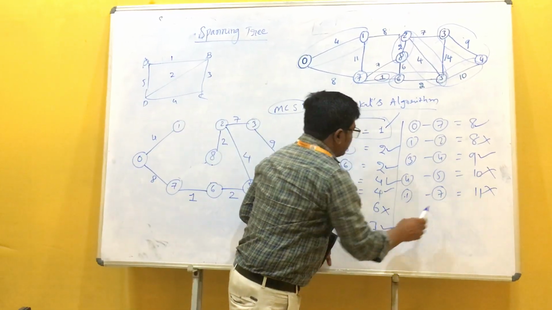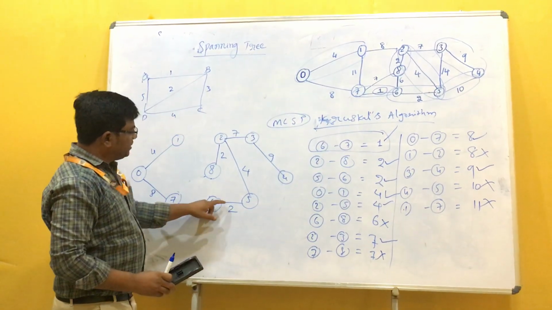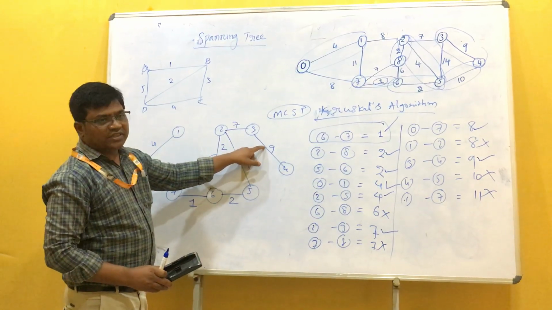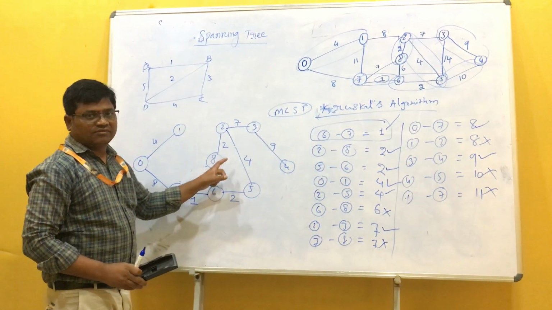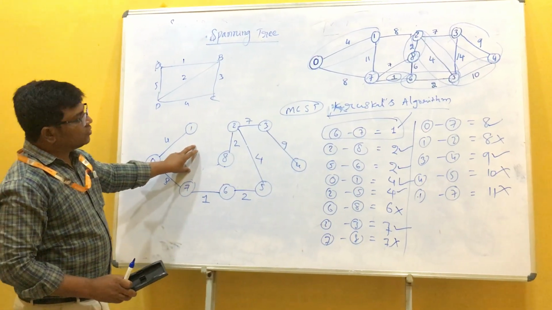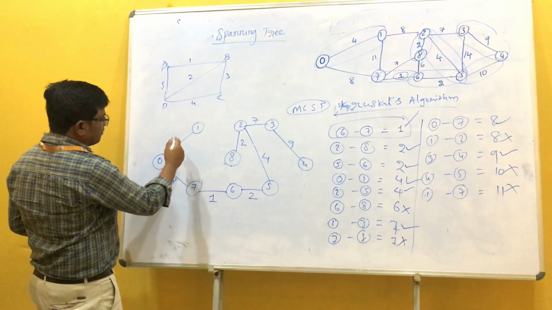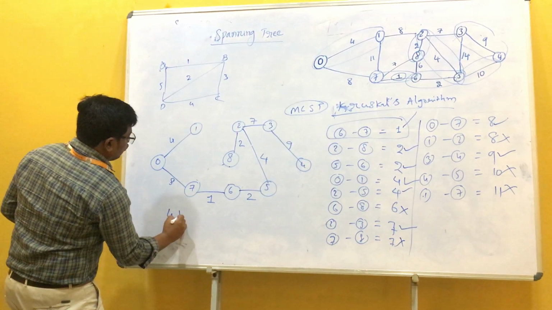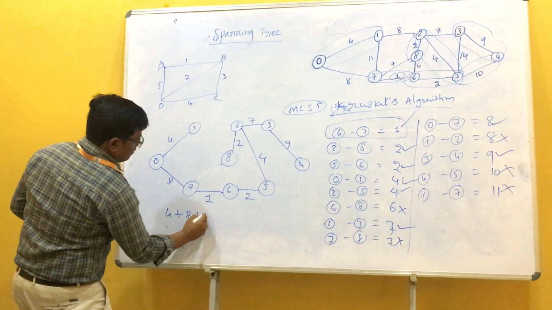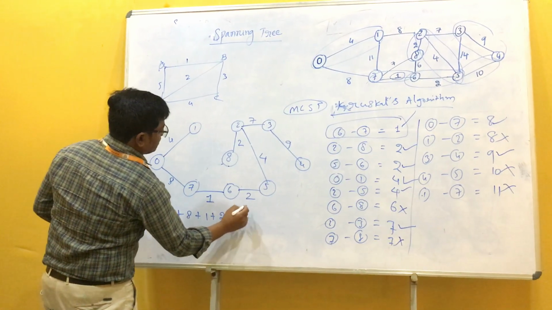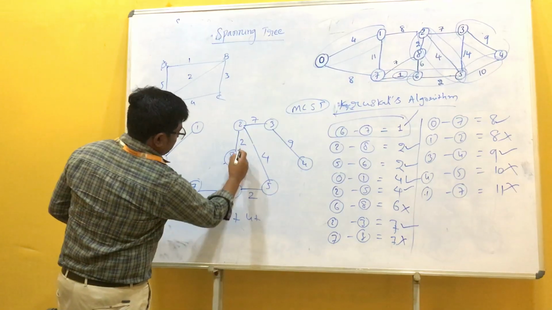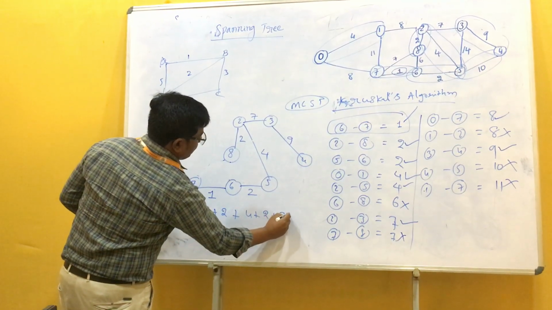Here we have the minimum number of edges, which connects all the vertices of the graph. This is how Kruskal's algorithm works. Now we find the cost of the spanning tree: 4 plus 8 plus 1 plus 2 plus 4 plus 2 plus 7 plus 9.